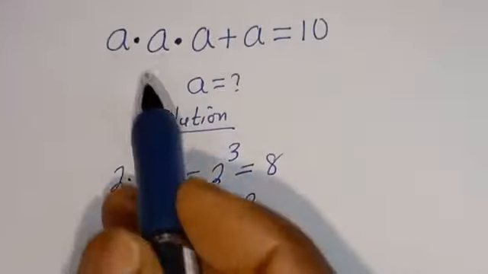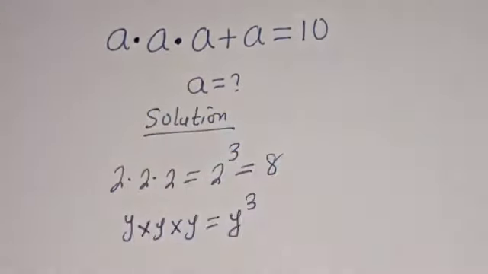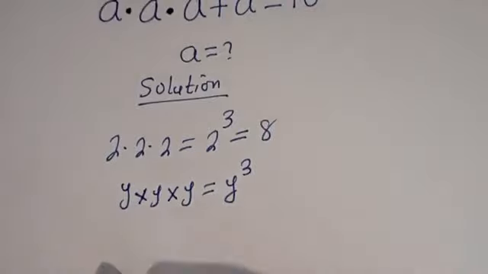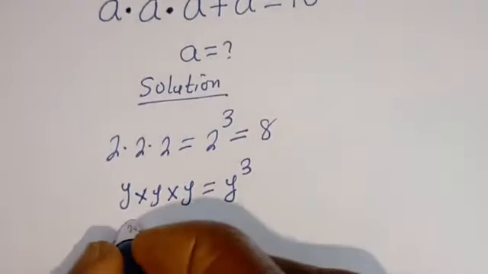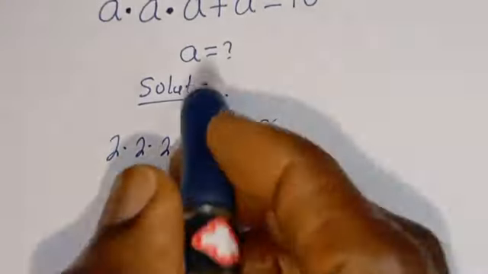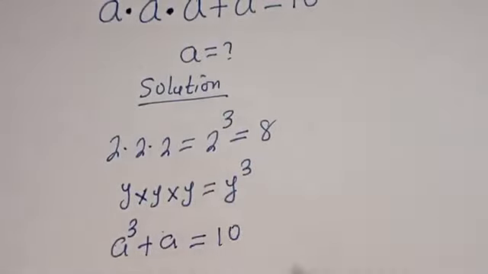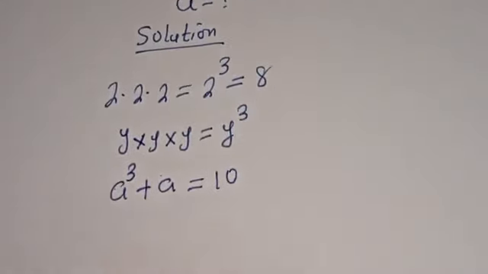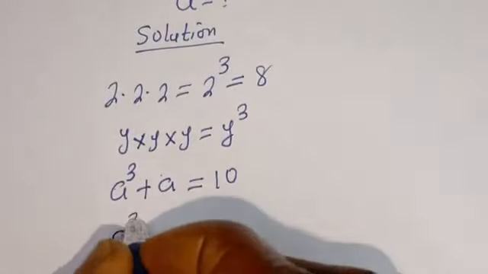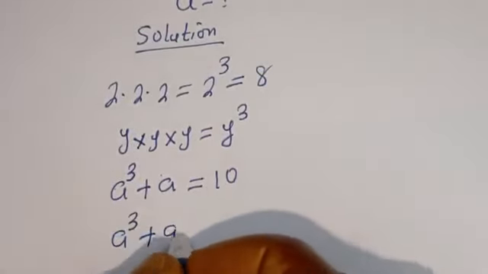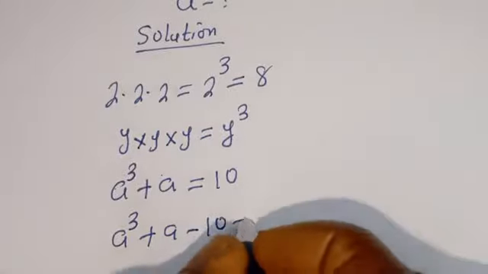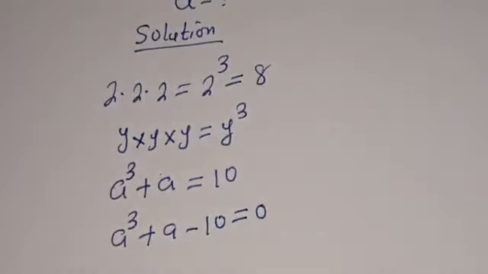Therefore, a multiplied by a multiplied by a is a to the power of 3, plus this a is equal to 10. And this is a to the power of 3 plus a minus 10 is equal to 0.